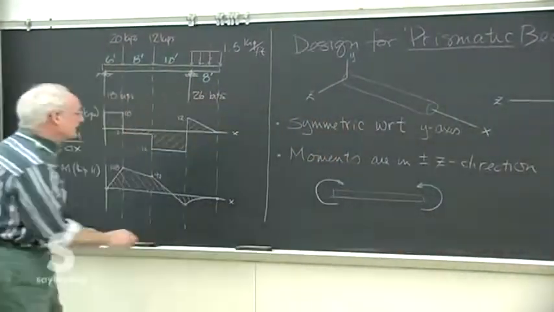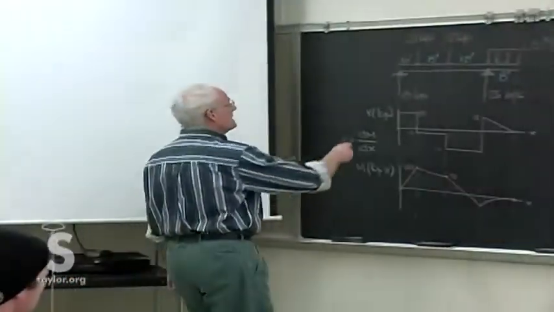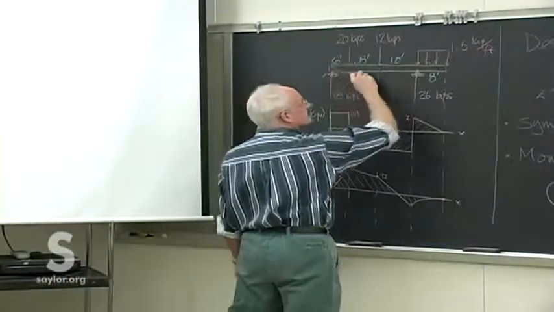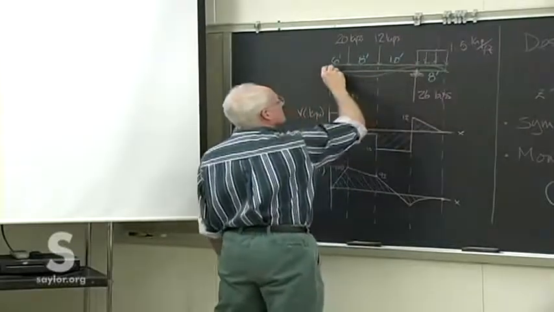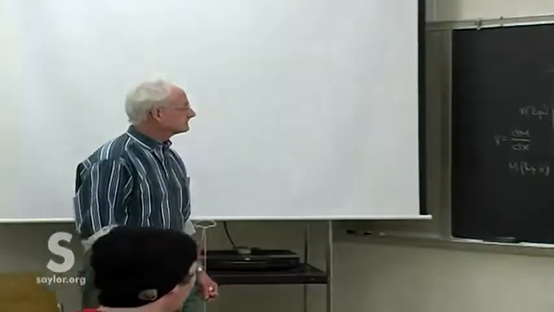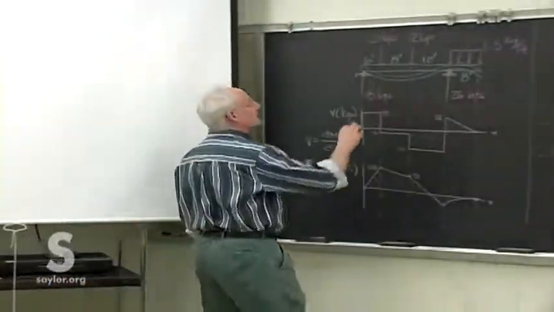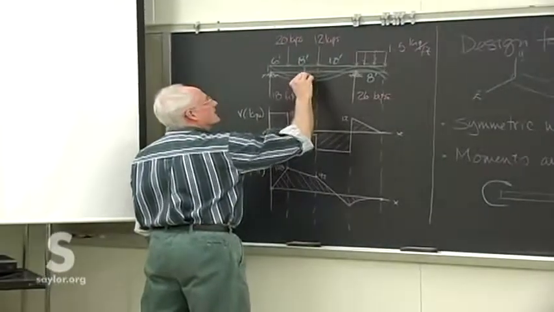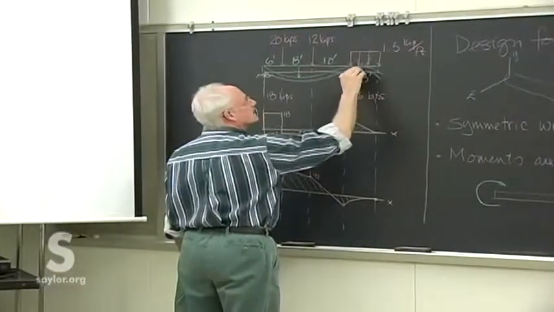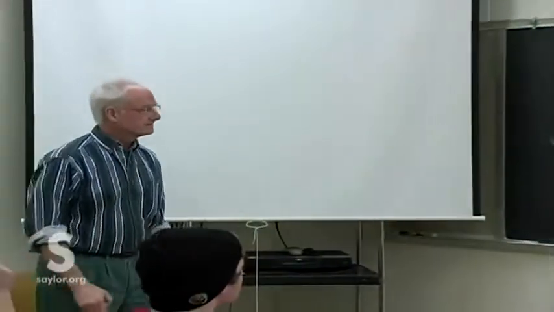What that's going to cause for us is, when this beam actually bends under these loads, and this one would probably do something like that, greatly exaggerated of course, all of the deflections are in the plus or minus y direction because of these z moments.